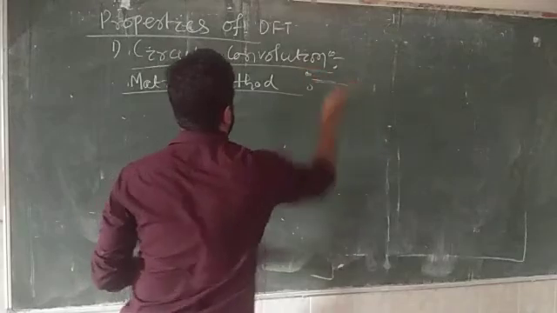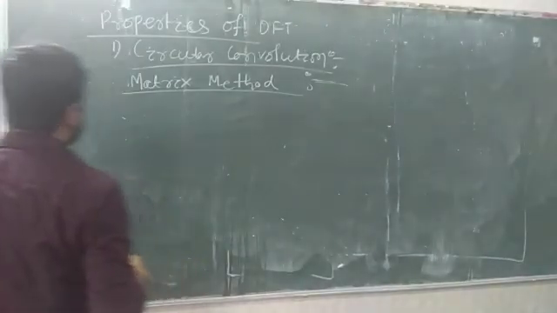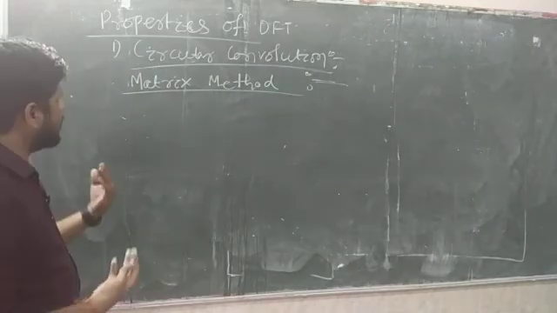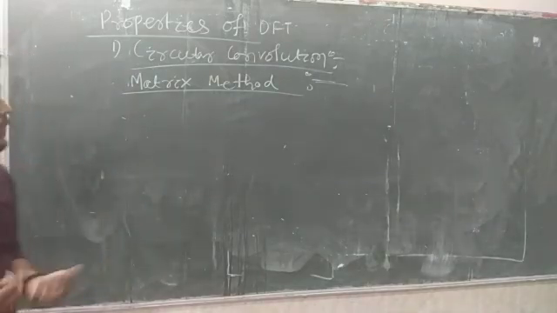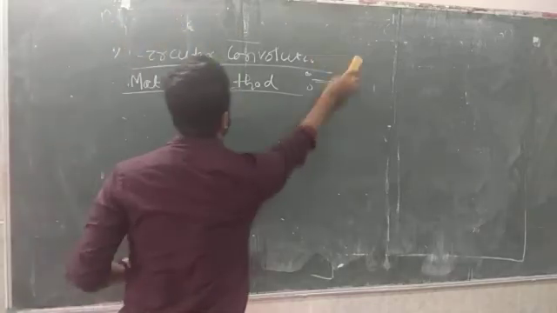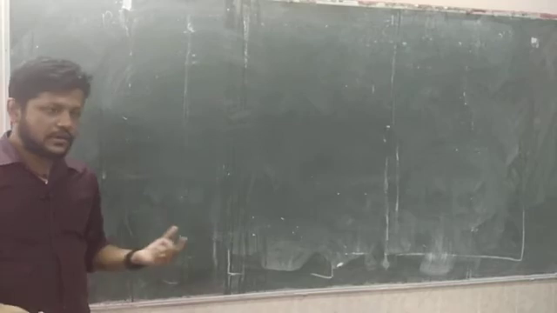So the matrix method for finding circular convolution, that I will teach you. In this method, first I will explain with an example, then you will understand. Because in examination two types of questions arise.